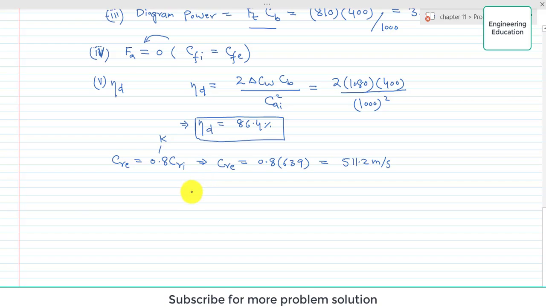Similarly, the change in whirl velocity is delta CW. For this case, when we have K equal to 0.8, delta CW is equal to CRI plus CRE into cos beta.